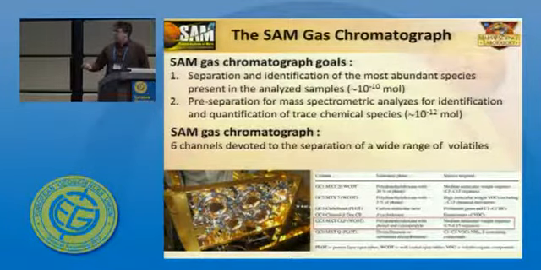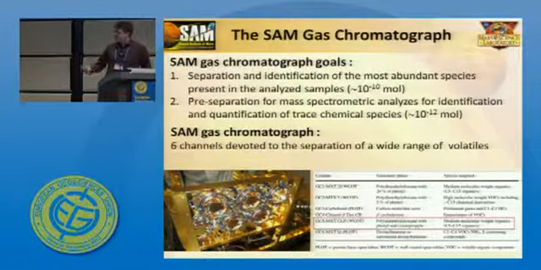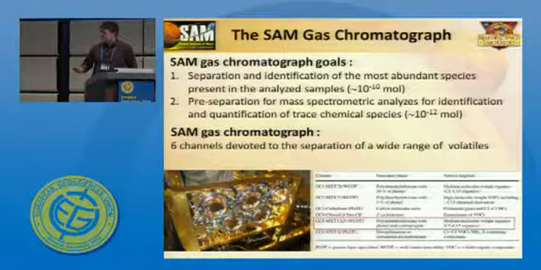And it is coupled to the mass spectrometer to obtain a fingerprint of the compounds separated with the GC, and also to reach a better limit of detection, because the QMS detector is more sensitive than the detector present in the GC. So the GC that you can see here, implemented in the flight model before the launch, is composed of 6 modules, which are independent, each module focusing on a range of specific species.